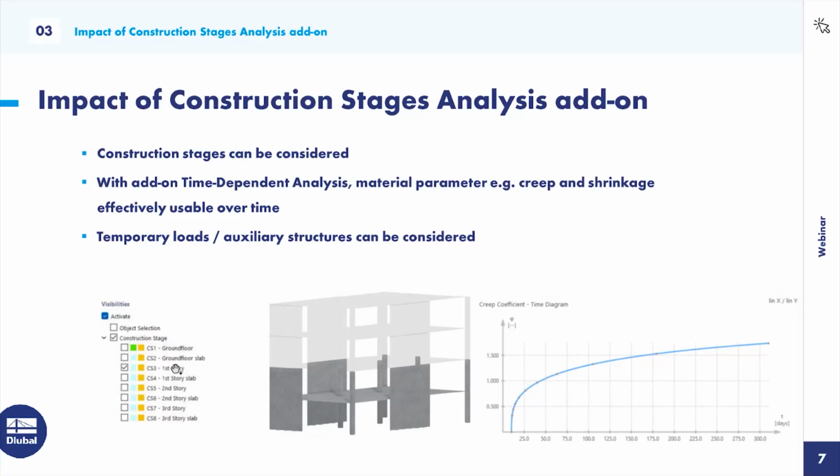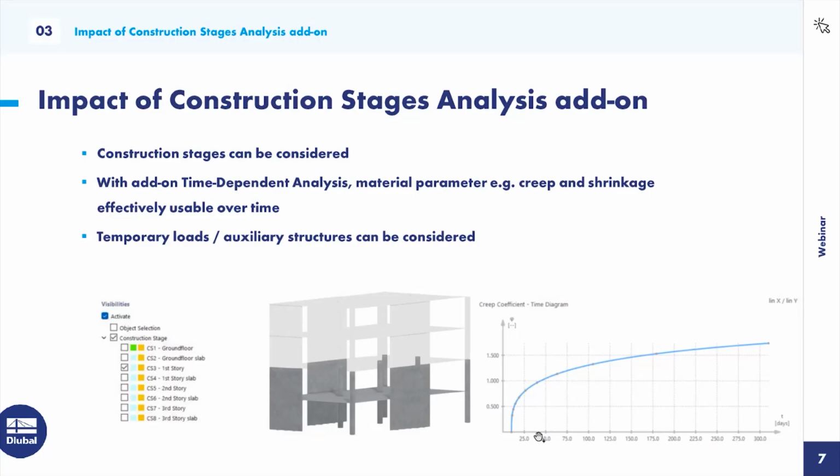So you have, in connection with the time-dependent analysis, the option to also consider the time, and that's very great because I'm of the concrete team. That's important. What I think about first is the material parameters, for example, for the creep and shrinkage.